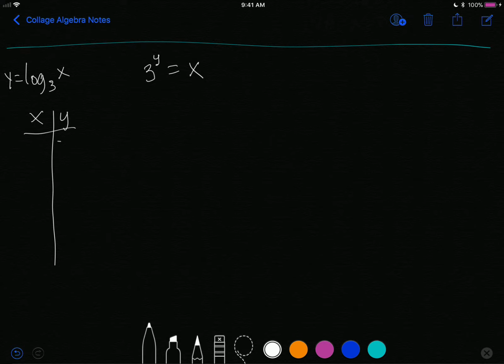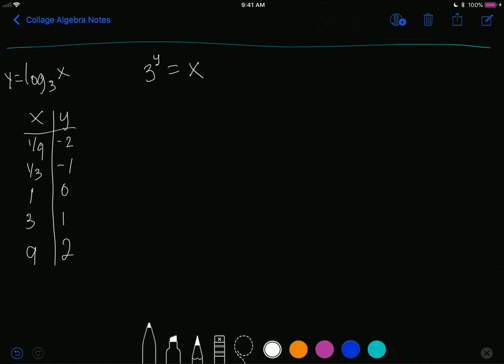Again, I will choose my y values, plug those in, then go from there. Well, 3 squared is 9, 3 to the first is 3, 3 to the 0 is 1, 3 to the negative 1, that's reciprocal, 3 to the negative 2, reciprocal and square, so that's 1 over 9.